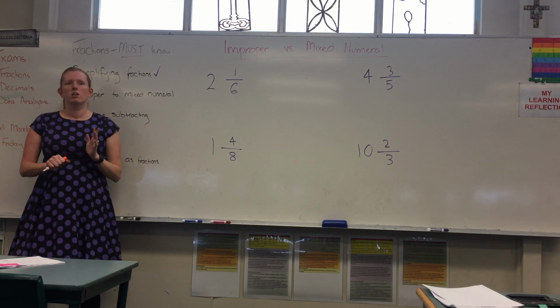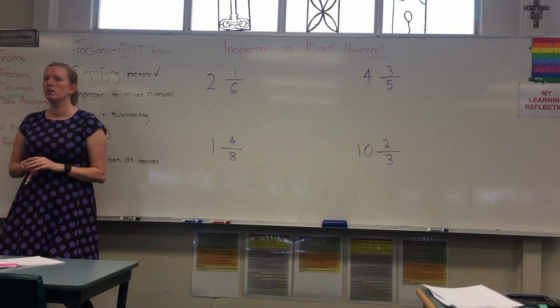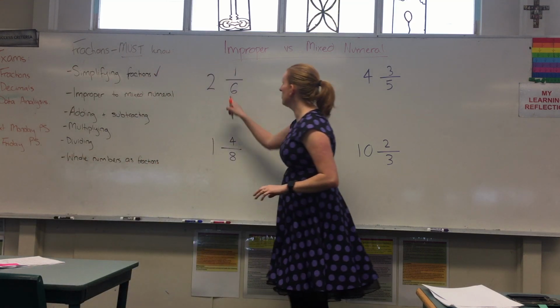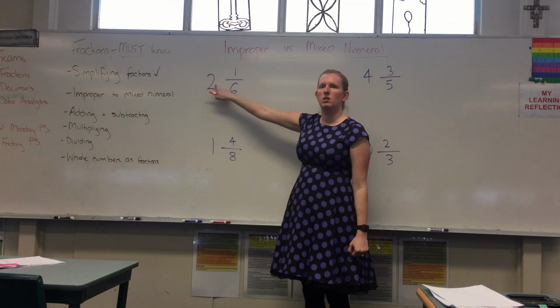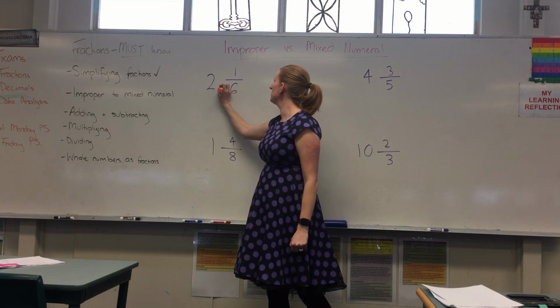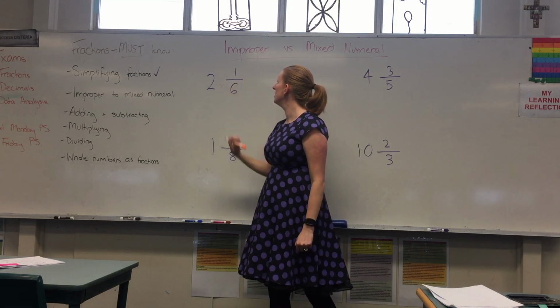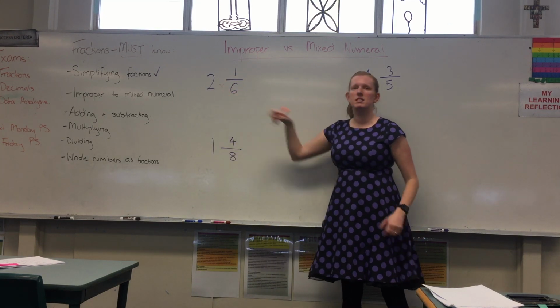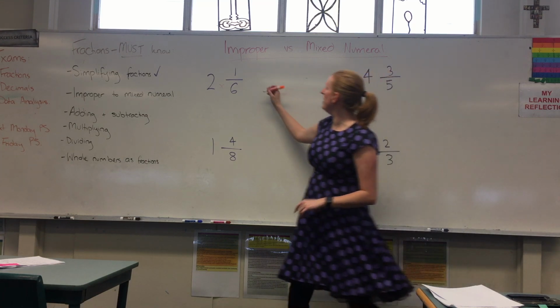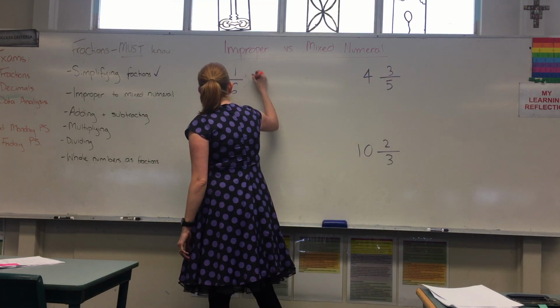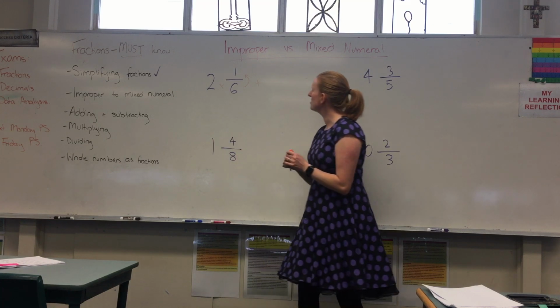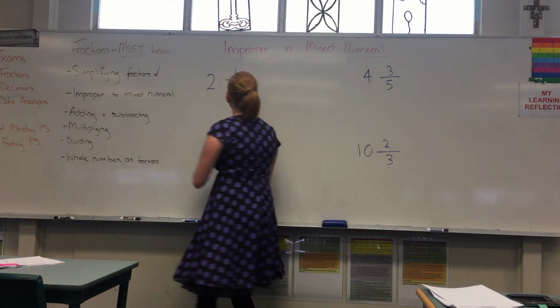Alright, so what I want to do is multiply my big number with my denominator. So I'm going to multiply these two together. So 2 times 6 is 12, and then I want to add the one on top.